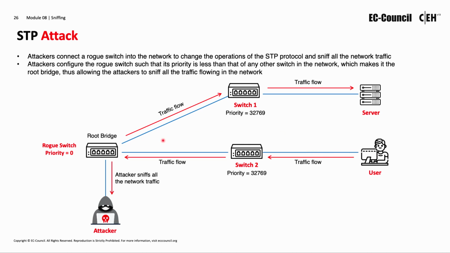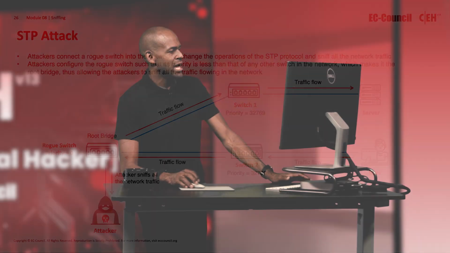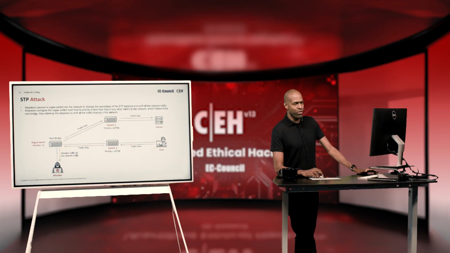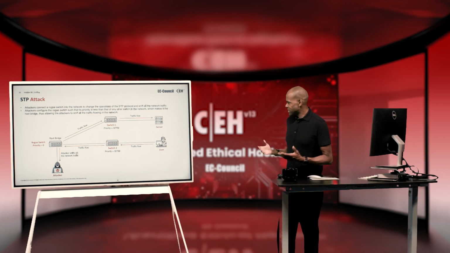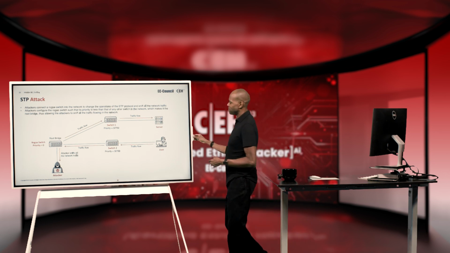If you have a switched architecture with multiple paths through the network, there's going to be communication between the switches. Switch 1 will communicate with switch 2, and they'll communicate with the root bridge, and they'll talk to each other and form an architecture. I'm going to go over to the board and talk about what happens when they put together this architecture.